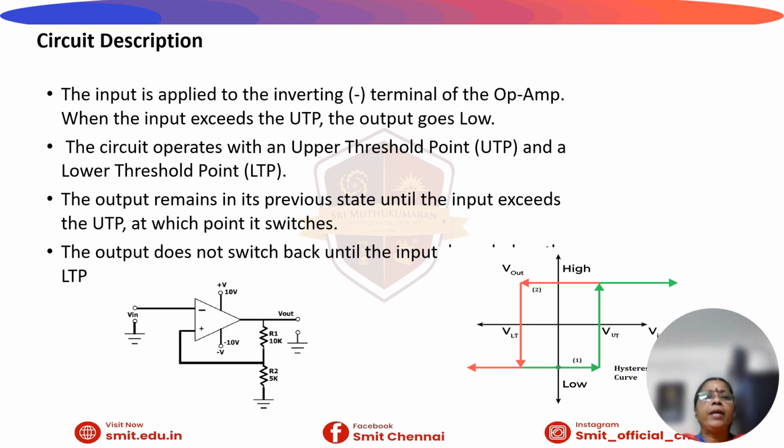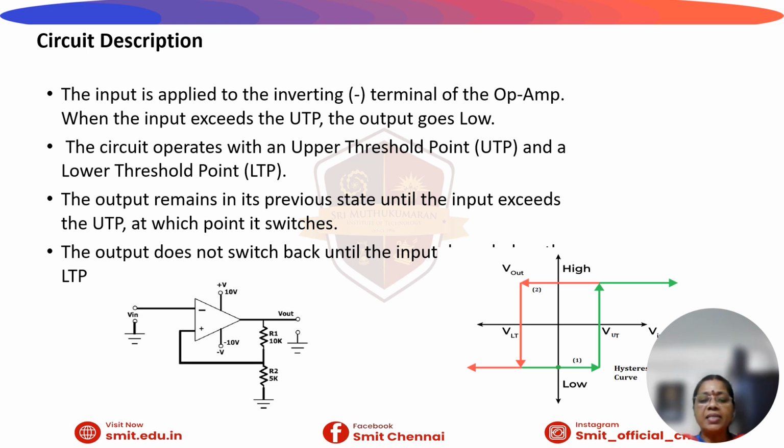The input is applied to the inverting terminal of the op-amp. When the input exceeds the upper trip point, the output goes low. The circuit operates with an upper threshold UTP and a lower threshold LTP.